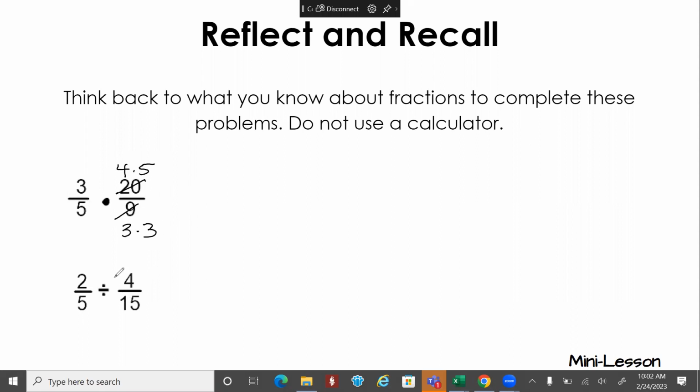Is there something that repeats in the top and the bottom? I have a 5 down here and a 5 up here, and a 3 over here and a 3 over here. So everything that's left over, I write out. 4/3.